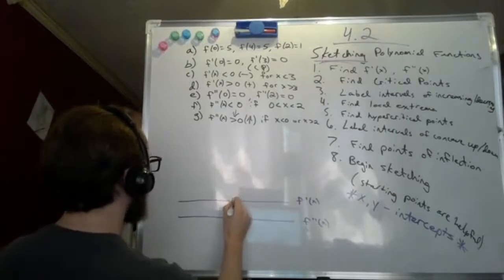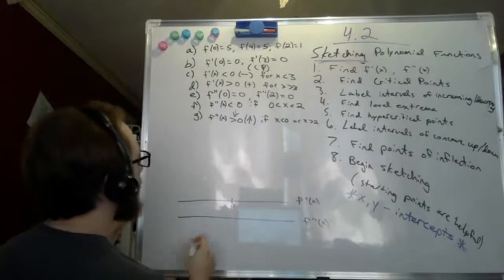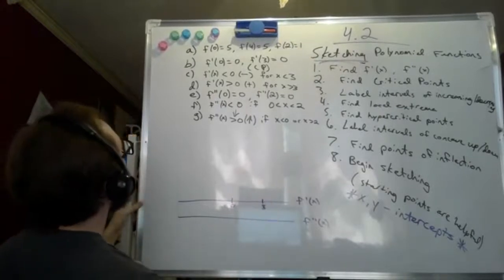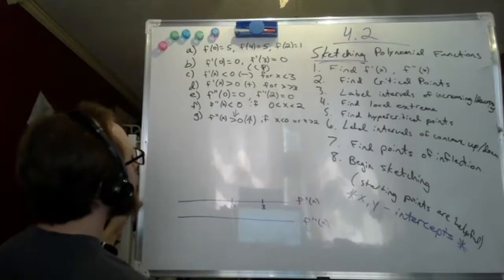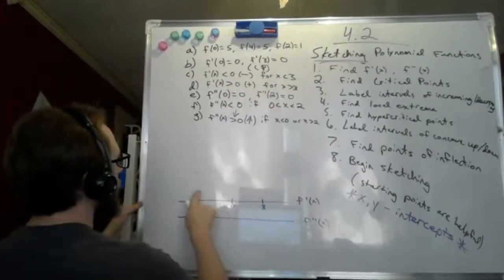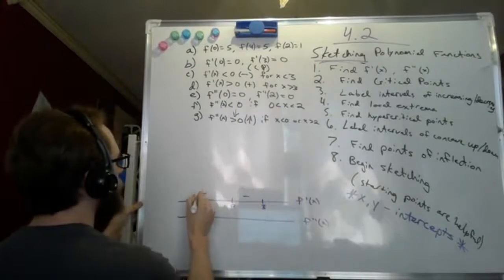So right in the middle, we got 0. And we've got a critical point at 3. So I'm going to put 3 over here. Let's see. We're told it's negative for x less than 3. That's for all x less than 3. So that means for here and here to the left of 0, it's negative.